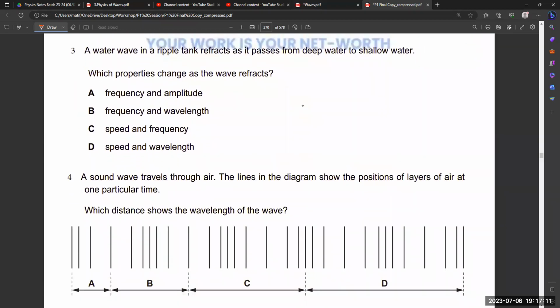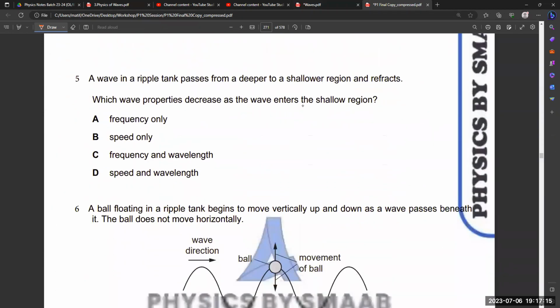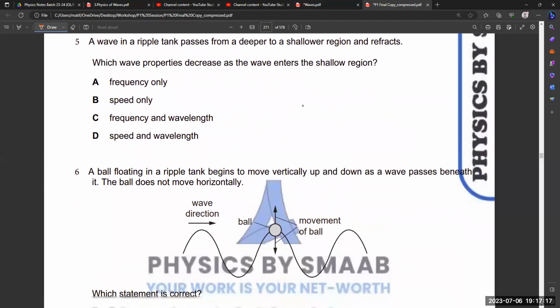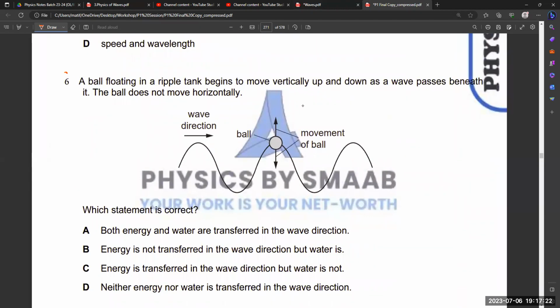Let's try to solve some basic ones first, then we will do some difficult ones. Question number 6. Basically, they are talking about a ball on a water surface in a ripple tank.